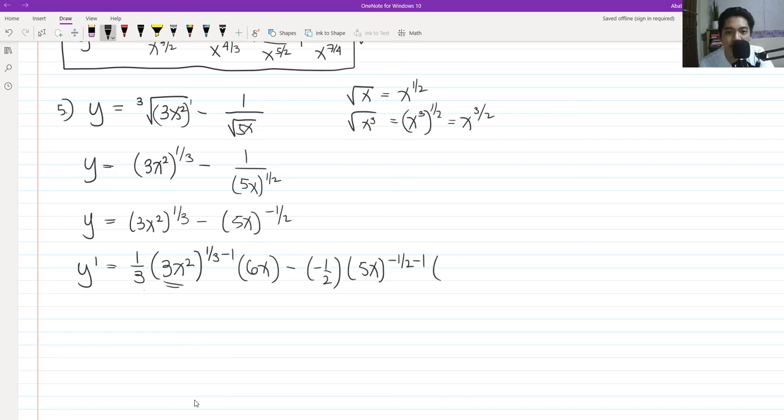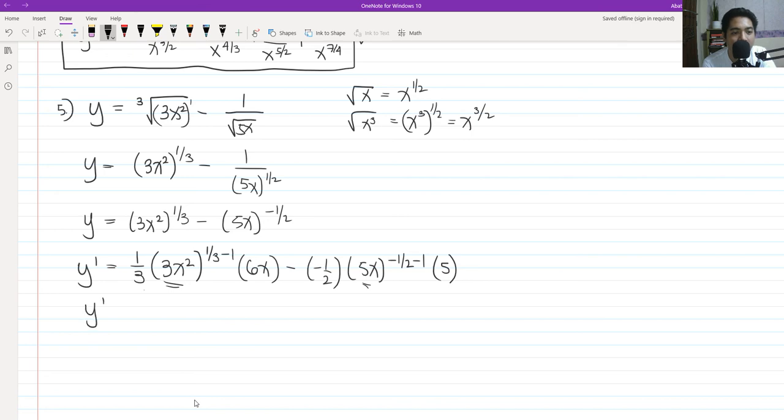And then getting the derivative of the inside function 5x. I'm so sorry, I've included a problem that already has a chain rule. Anyway, if you haven't watched my video, please check it out. We multiply the whole equation by the derivative of the inside function after we apply the power formula, because that is the chain rule. So the derivative of 5x with respect to x would be 5.